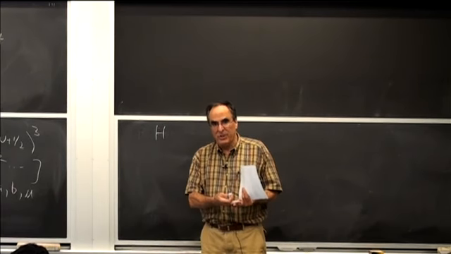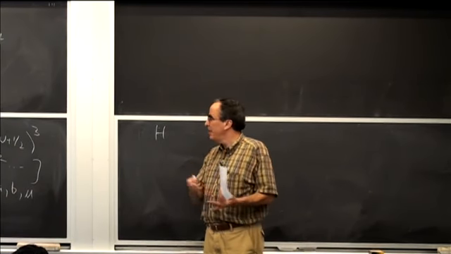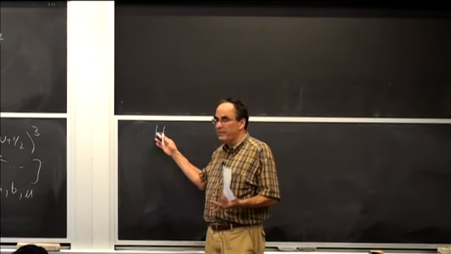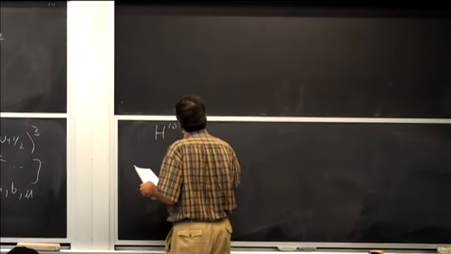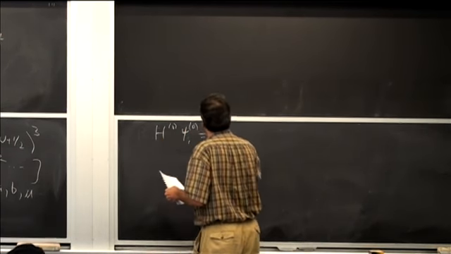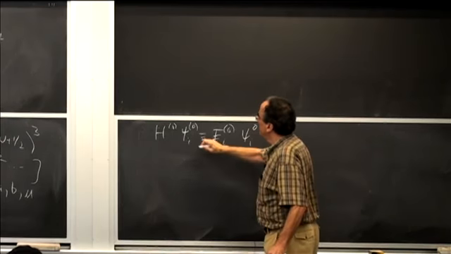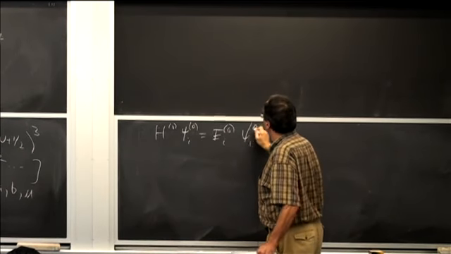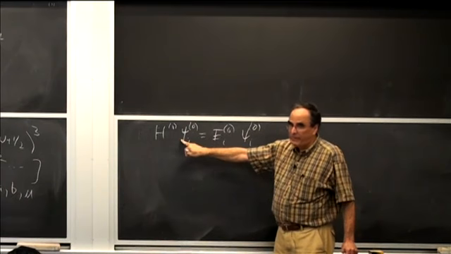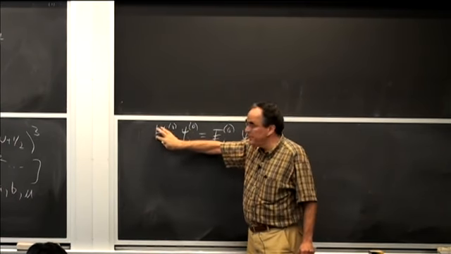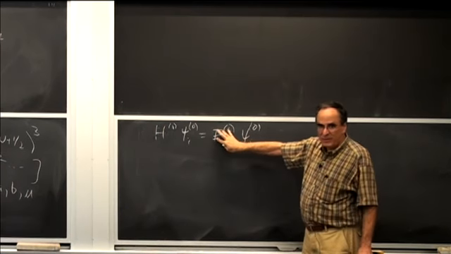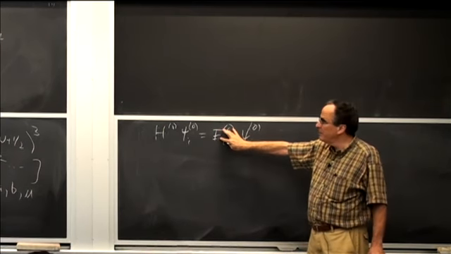We expanded the energy into a zero-order part, which is eigenvalues of H0, and first order and second order, etc. And so we got a zero-order equation, and this is what we use to define our wave functions. Our wave functions are eigenfunctions of the zero-order Hamiltonian. The energy levels are the eigenvalues.